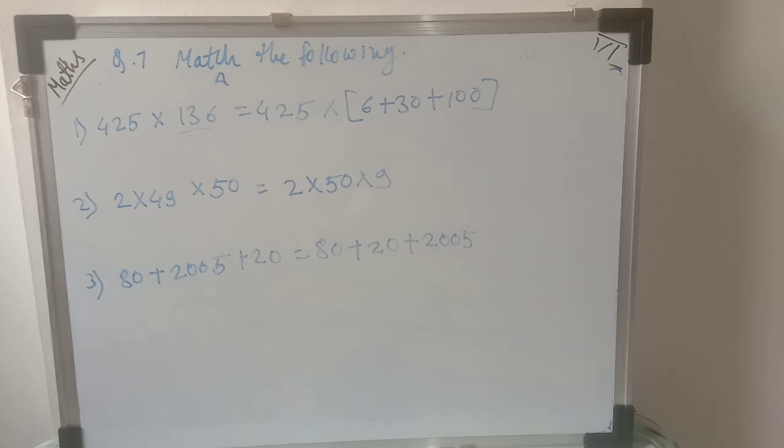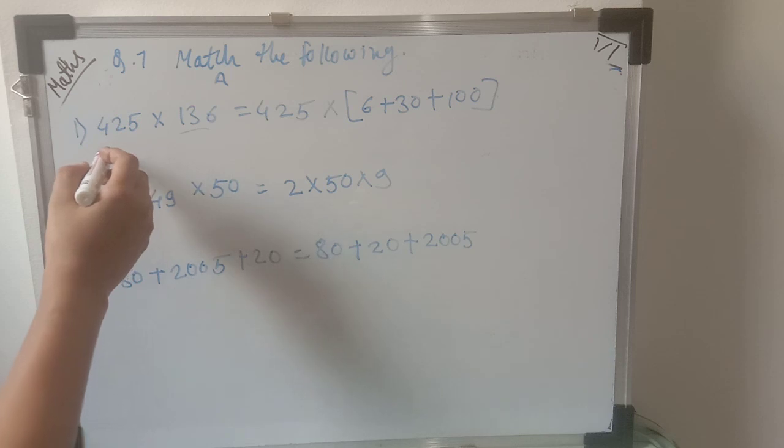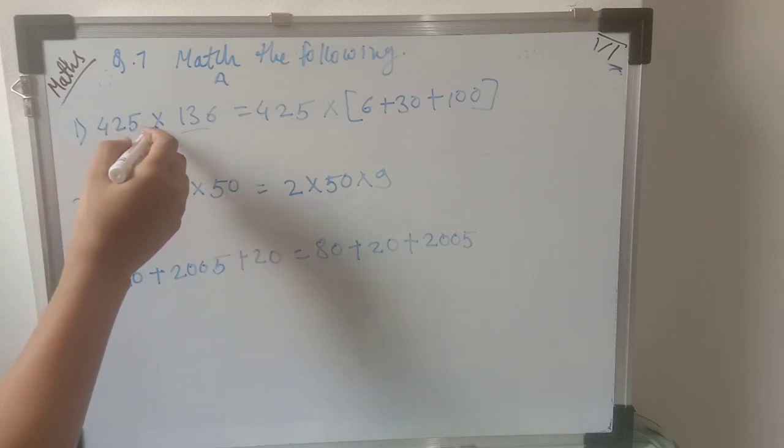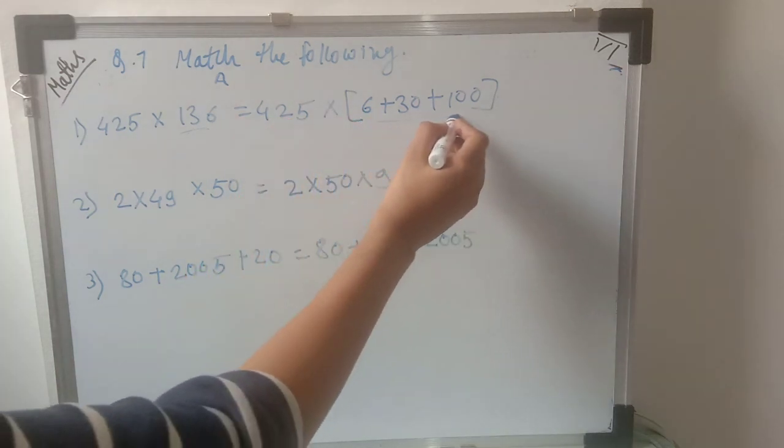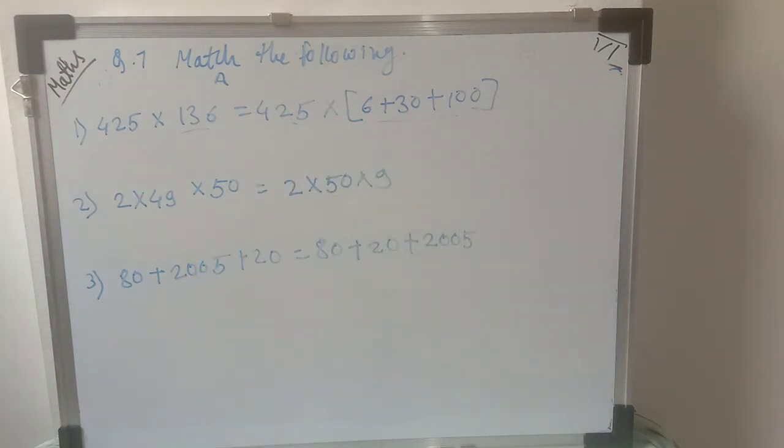Okay students, here if we look at the first equation, 425 multiplied by 36, 425 multiplied by, here addition is there when we are doing the multiplication. So obviously which property is that? Yes, exactly, that is distributivity of multiplication over addition.